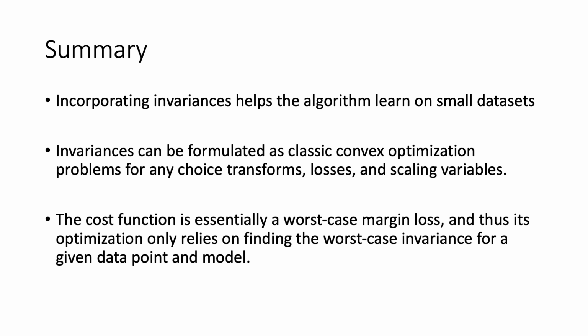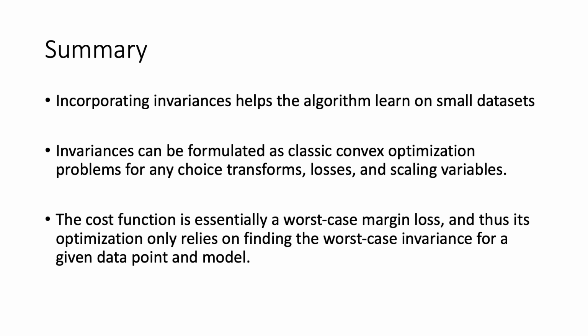The authors showed that invariances can be formulated as classic convex optimization problems for any choice of the things that you need in the equations, which means that they achieved their goal in actually doing efficient optimization.